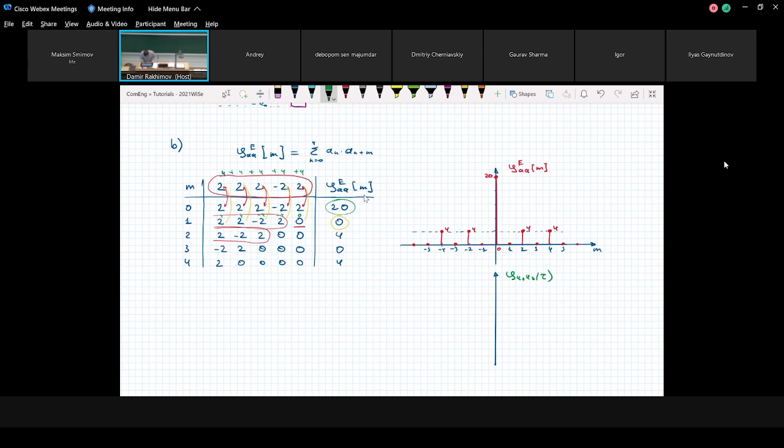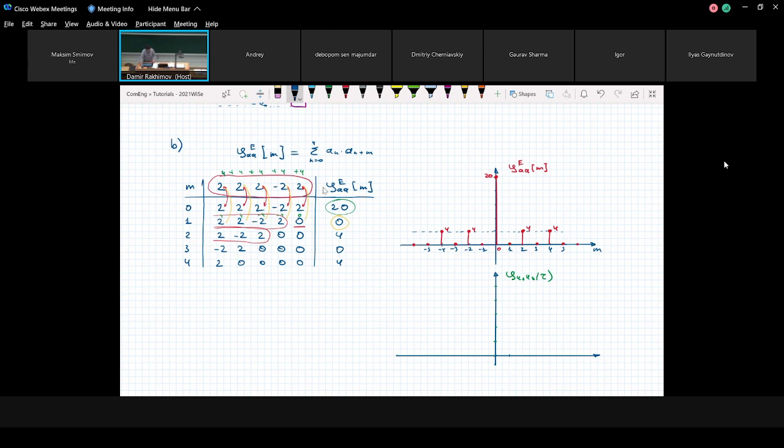I replace all these pulses by delta pulses. And instead of difference in indices, I write the spacing between delta pulses.